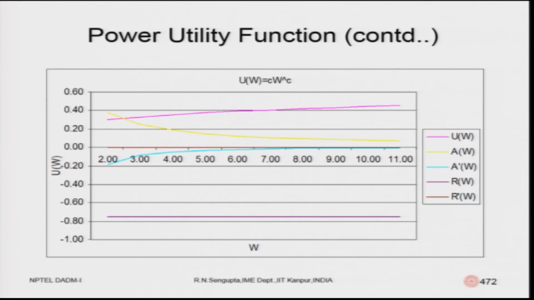And using these values of u, then u prime, u double prime, we calculate further a prime, r prime, and we plot them. Similarly, we follow the same nomenclature of color. The pink, yellow, bluish green, violet and brown are the respective graphs for u, a, a prime, r and r prime.